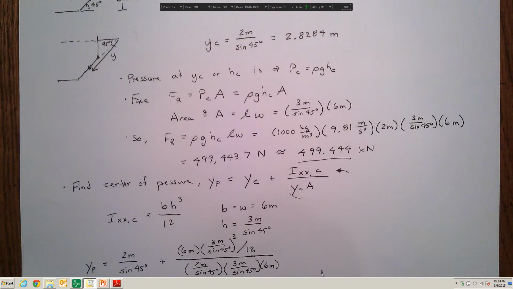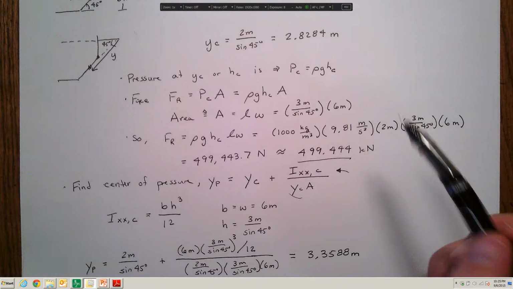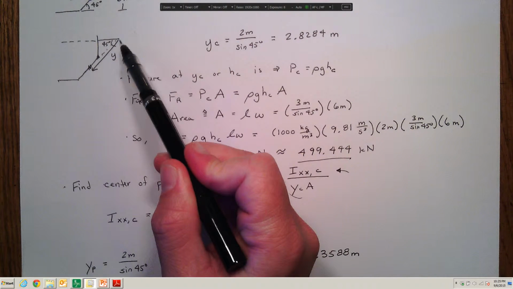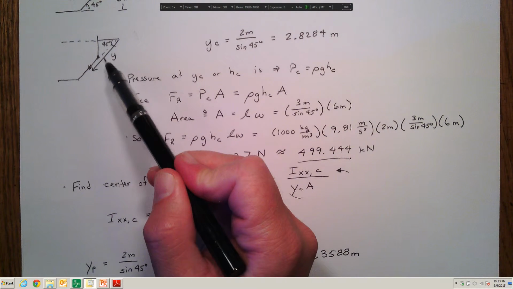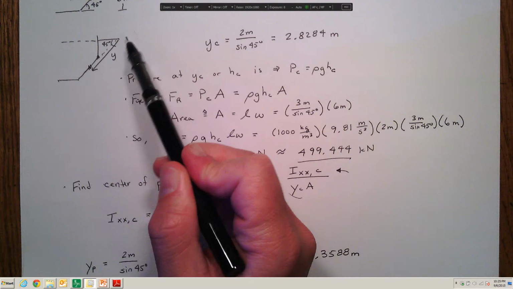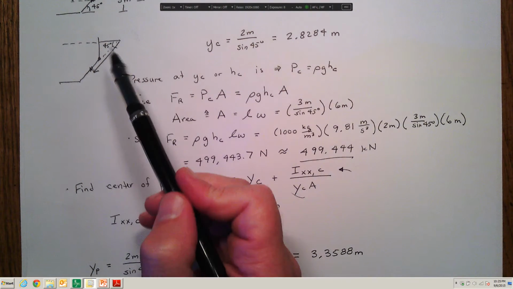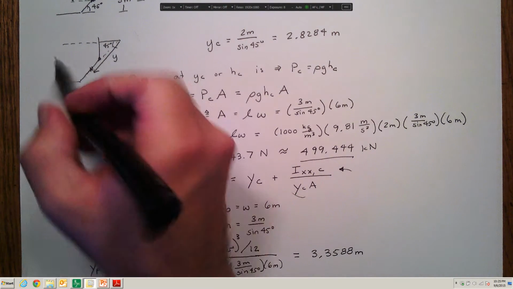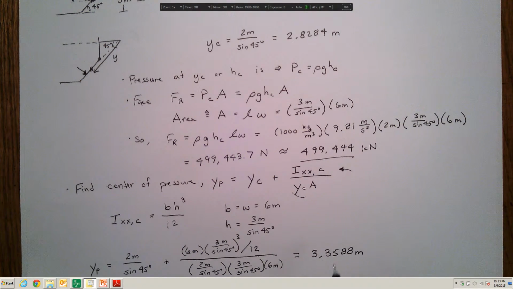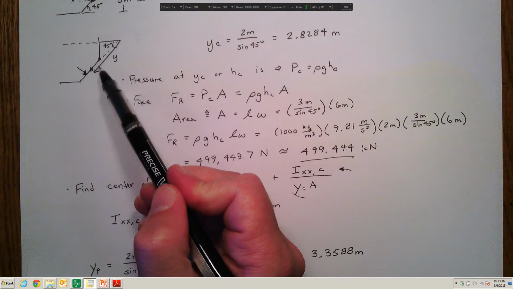Running through all of those numbers gives us a result of 3.3588 meters. Before, we determined that the centroid along the y-axis, traveling from the surface of the water along this 45-degree angle, is a length of 2.83 meters. Moving further down is where the force actually acts, 3.36 meters along this plane.